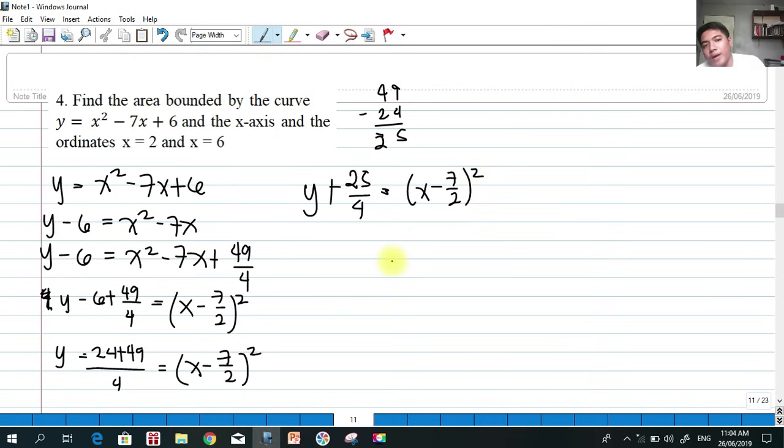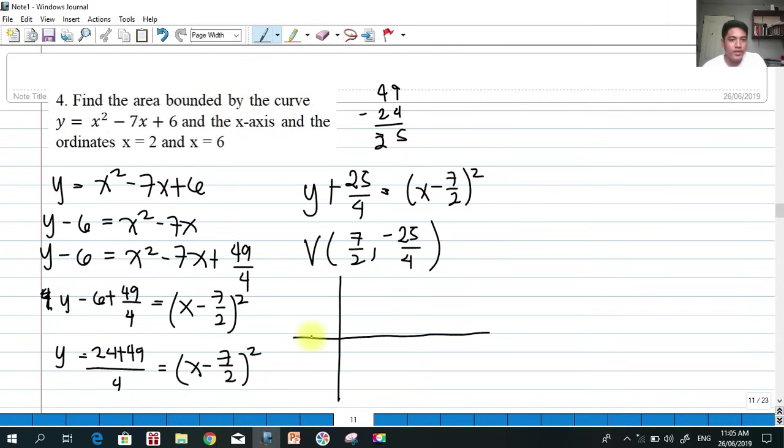Okay, so this is a parabola opening, of course, upward with a vertex at 7 halves and negative 25 over 4. So we can estimate that the parabola we are trying to solve is opening upward again.